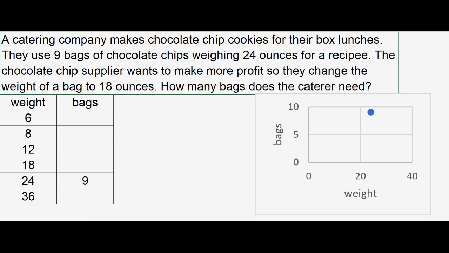Restart the video once you've thought about how you would, first of all, answer the first question. How many bags do you need of each? Okay.